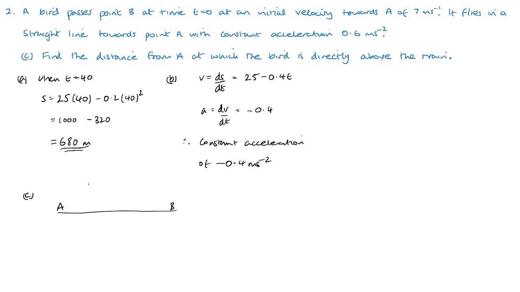So now at t equals 0, we've got the train moving this direction, and this acceleration is minus 0.4. This time we've got the bird.